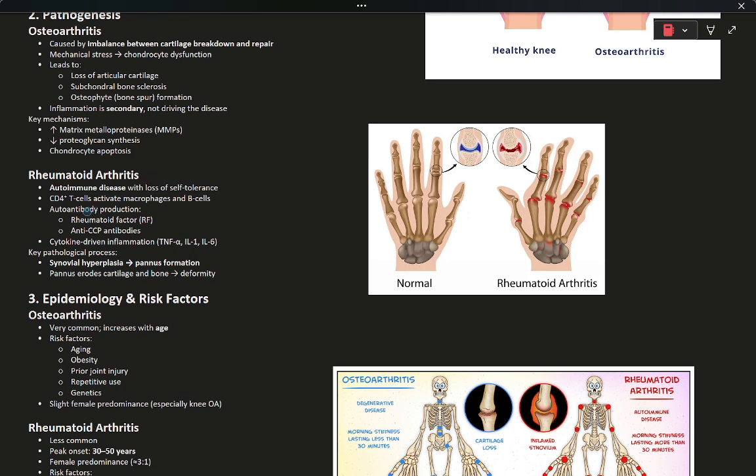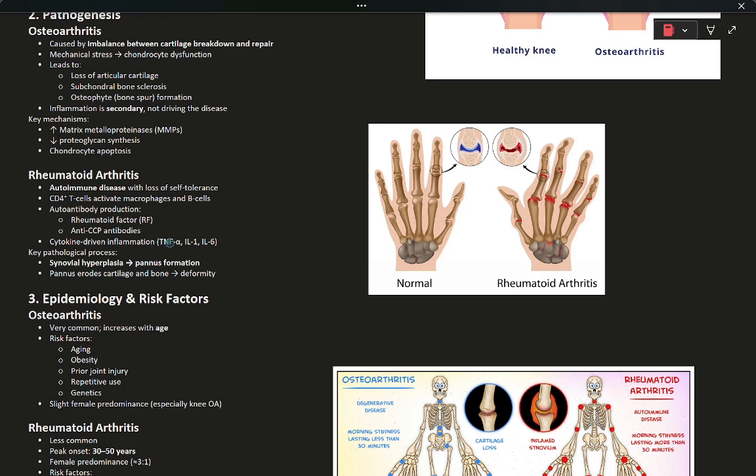There is going to be autoantibody production, which specifically involves the rheumatoid factor and the anti-CCP antibodies. There's also going to be cytokine-driven inflammation involving the TNF alpha cytokine, interleukin 1, and interleukin 6 cytokines.